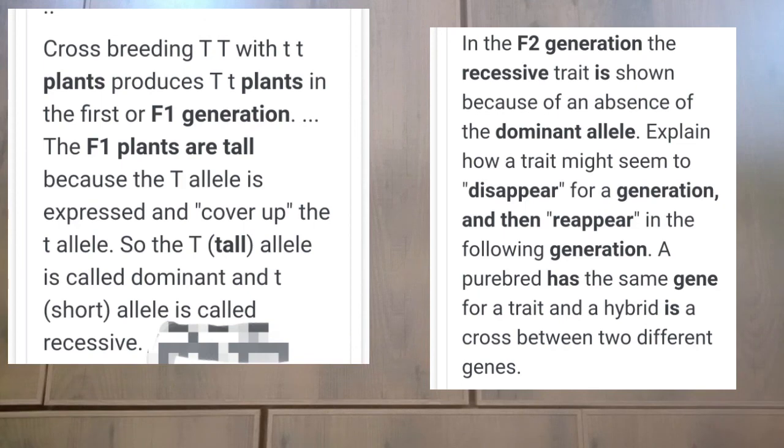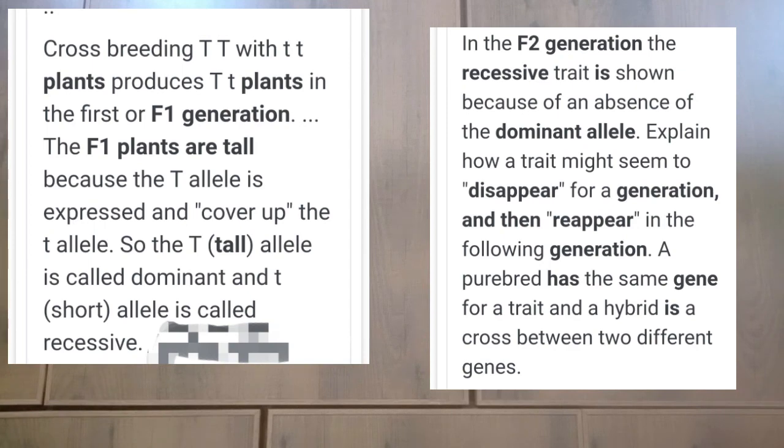This indicates both tall and short traits were inherited by the F1 plants, but only the tall was expressed. Why? Because tall was dominant over the short.